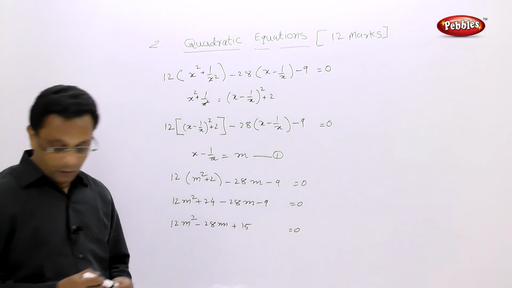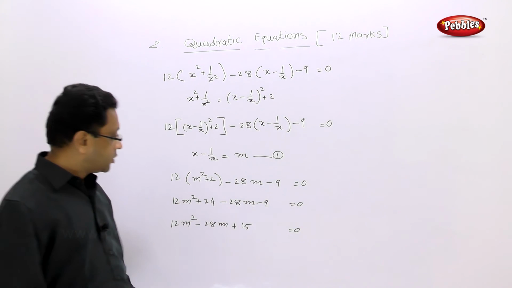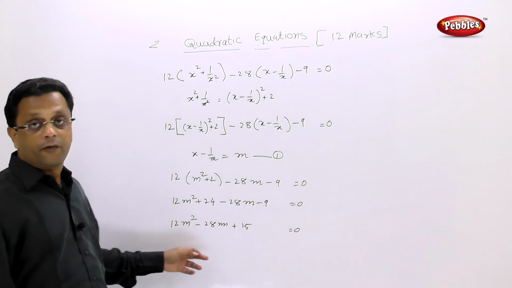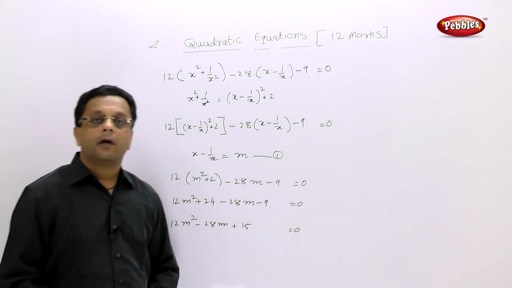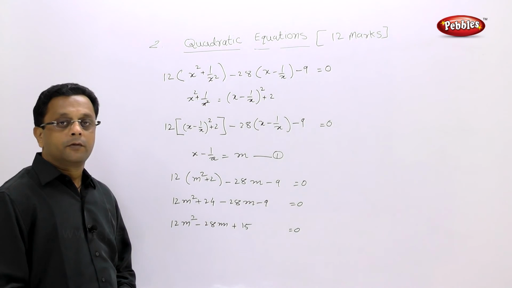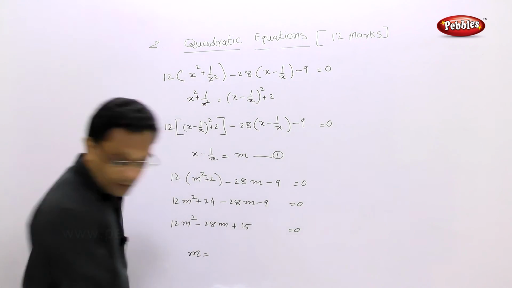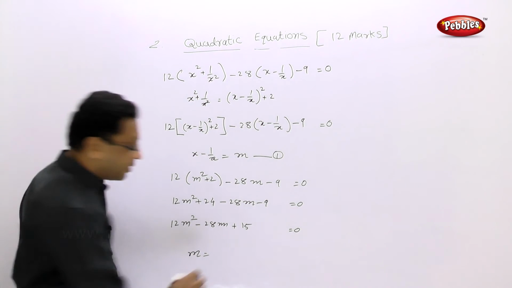Now you got one quadratic equation. Just solve this quadratic equation and find the value of m. Pause your video here and find the value of m. The value of m is 3 by 2 and 5 by 6.